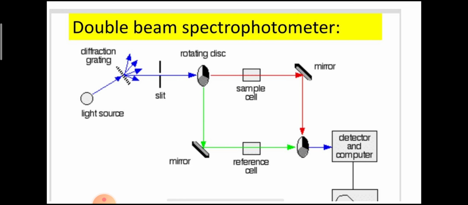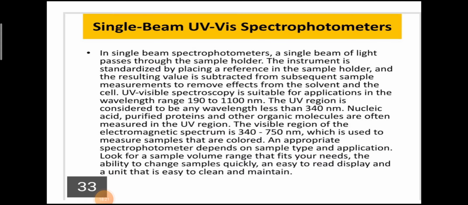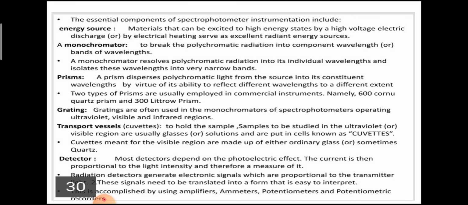In spectrophotometers, the common components are an energy source and monochromators. A monochromator breaks the polychromatic radiation into component wavelengths or bands of wavelengths.